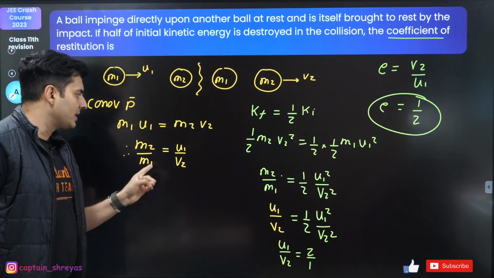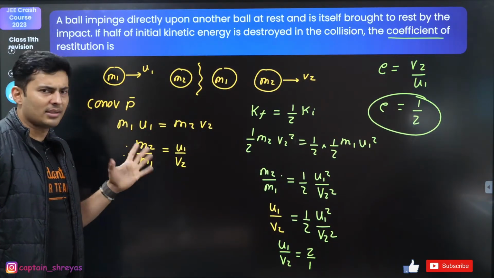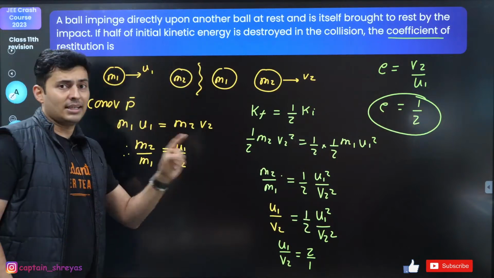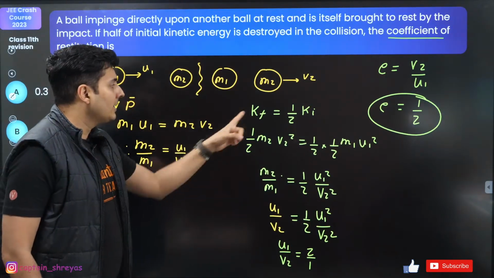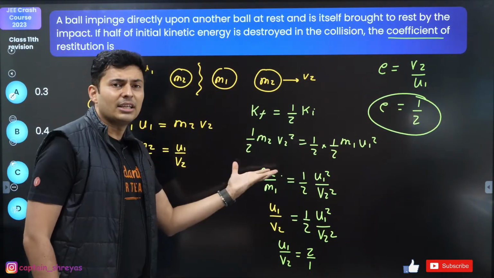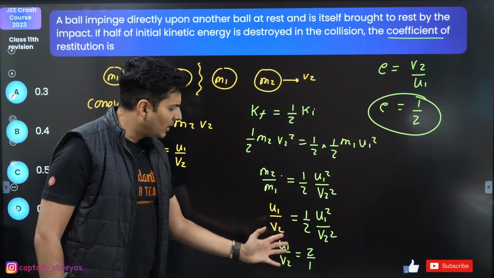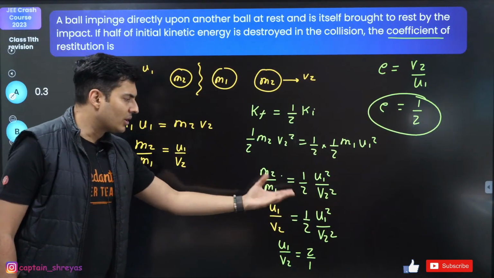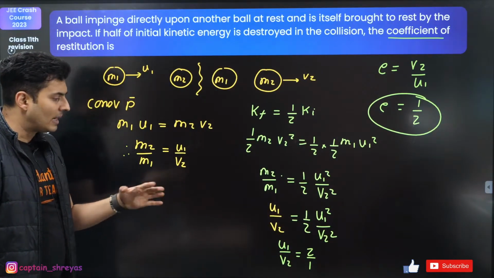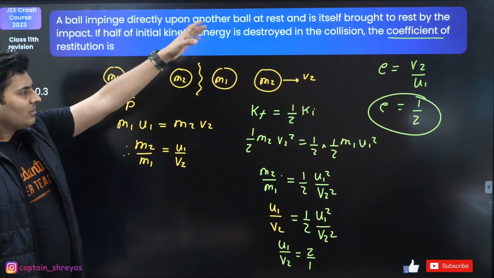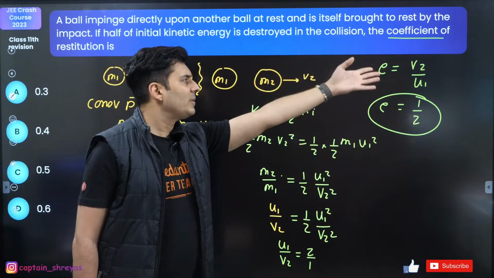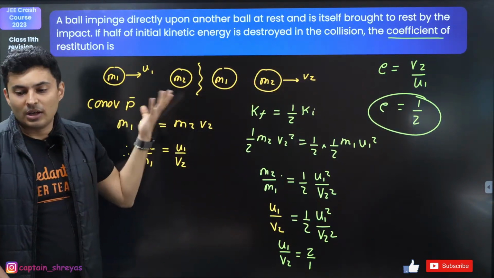Second thing was conserving momentum, just to figure out the ratio of the masses. Nowhere in the question did they say masses are equal. Next, I used the information that half the energy is lost, so half the energy will remain. So that's all. Solved it, everything made sense after you substituted values and things started cancelling out. And because the coefficient was asked, it is speed of separation upon speed of approach.